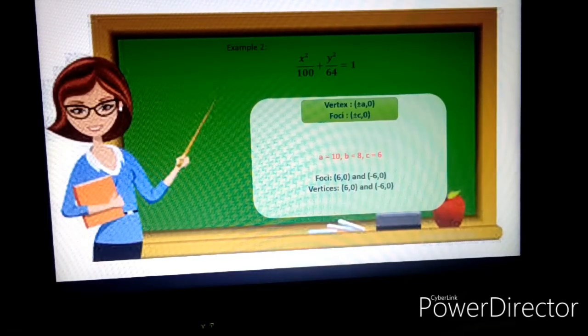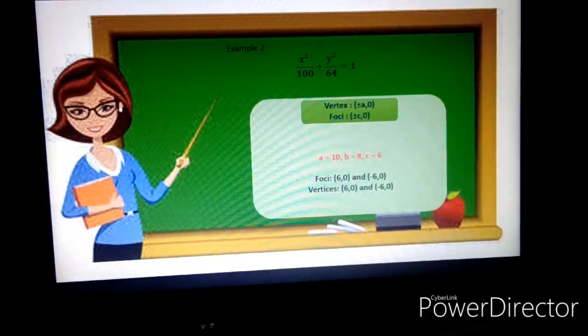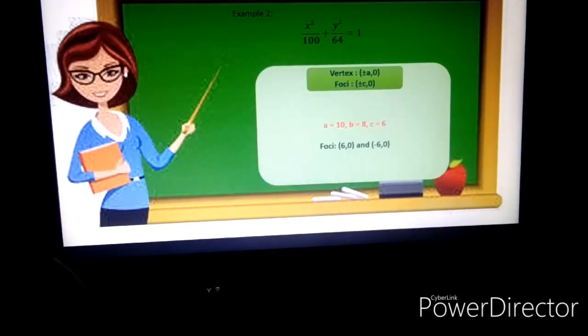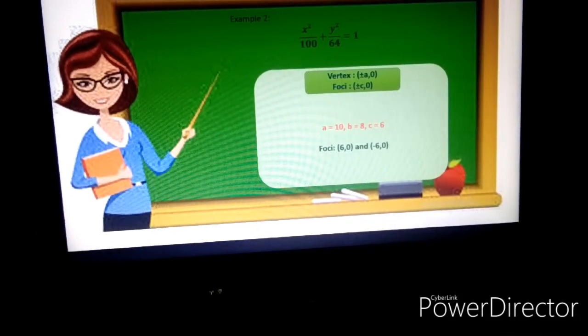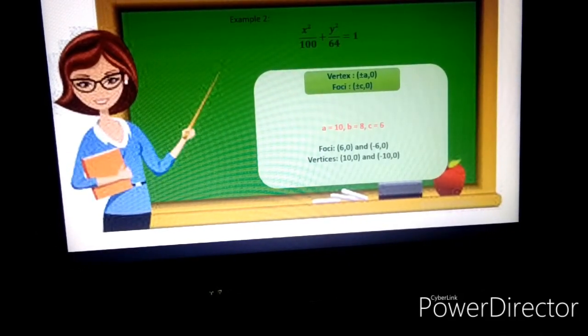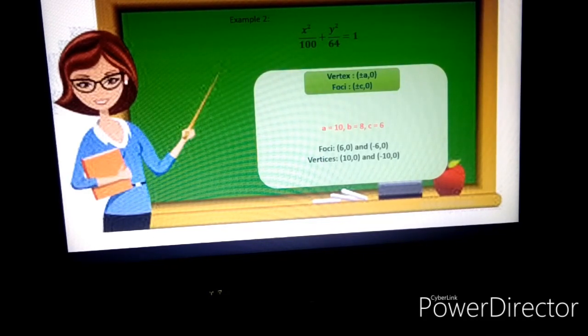Our vertices are (10, 0) and (negative 10, 0).